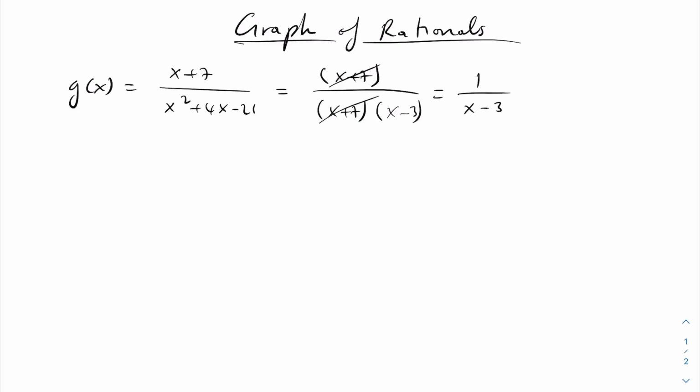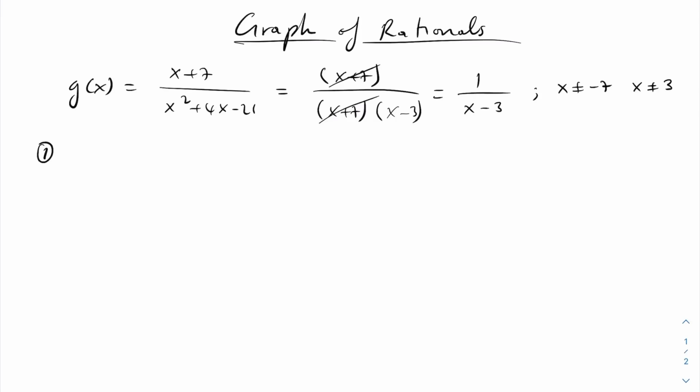So whenever you have a rational function and you are able to simplify it, you should do it because the graph of the original rational function is going to be the same as the graph of the simplified version of that rational function. The only caveat here is that the domain should come from the original function. So in this case, we're going to have the domain as x not equal to negative 7 and x not equal to 3. All right, let's move on.